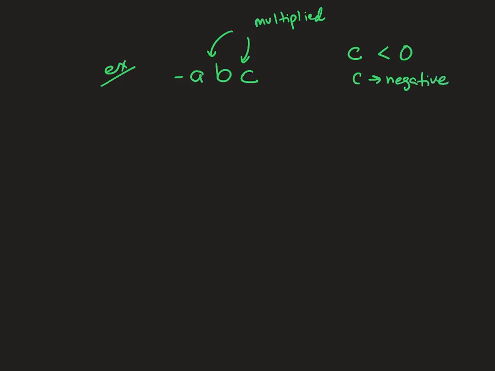Okay, team, tell me this. If a is negative times b, which is positive, times c, which is actually negative, what do you think that's going to give you for an answer? Hint, do 2 at a time and then move on to the next one.